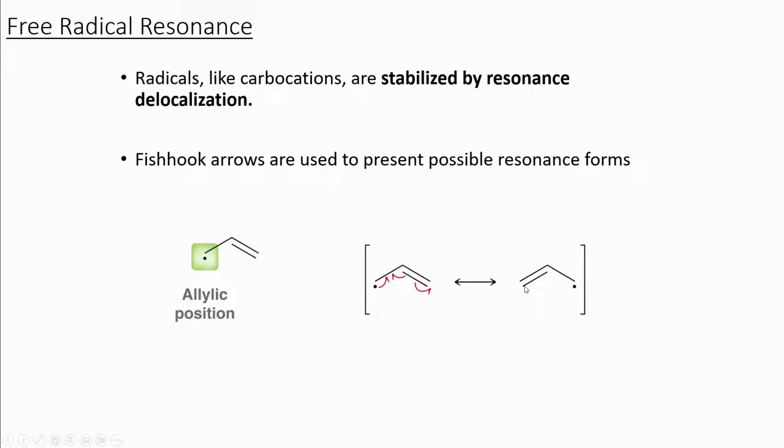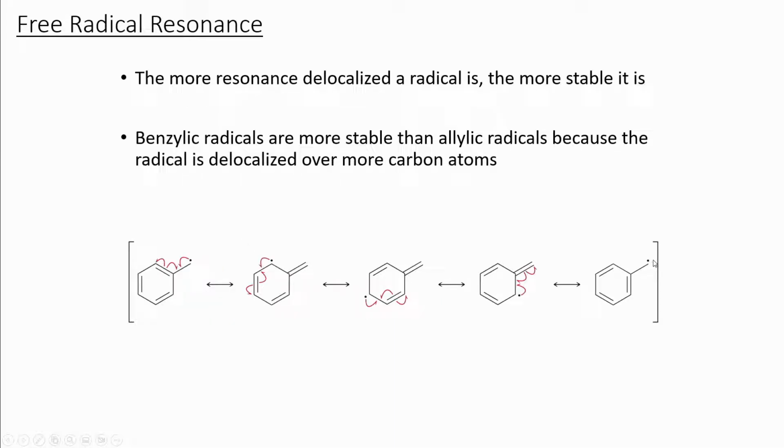Radicals are also stabilized by resonance. This is similar to carbocations. If we're able to stabilize a radical by delocalizing the extra electron over multiple atoms, then this will be a more stable radical. For example, the allylic position is able to interconvert between having the radical on this carbon and this carbon.